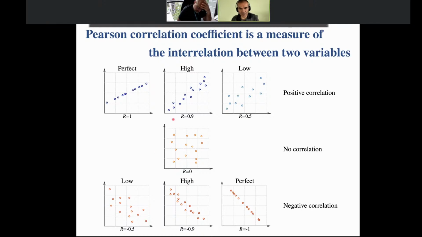And at the bottom, you have a perfect negative correlation. In between them, you have no correlation. And then you have different degrees of positive or negative correlation, all of them being measured through this R coefficient, which is 1 in this case, goes to 0.9, 0.5, 0, and then down to -1. So it's very interesting to find the correlation between a feature and the target.